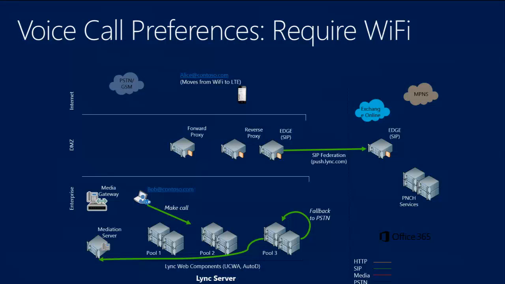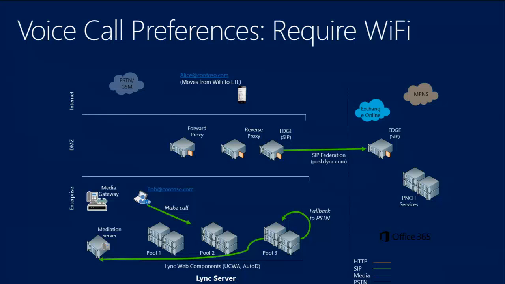So the invite goes into the pool. The pool says, I don't have a data connection to Alice, or the policy basically says that Wi-Fi is turned off, or she's turned that off. So we've updated the settings for Alice's registration. It says Alice is not using Wi-Fi, so don't try. So then we can hairpin that back. When she first signed in, she said my cell phone number is XYZ, so now we have that information about Alice.